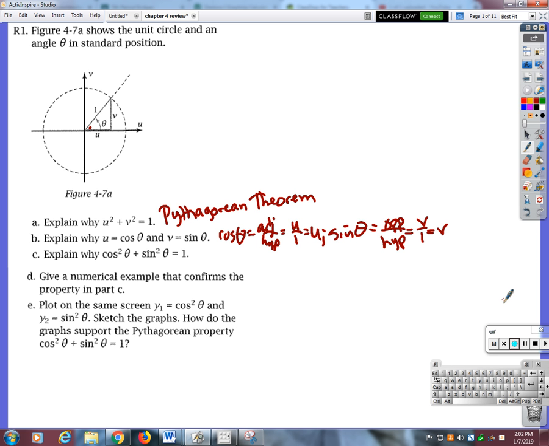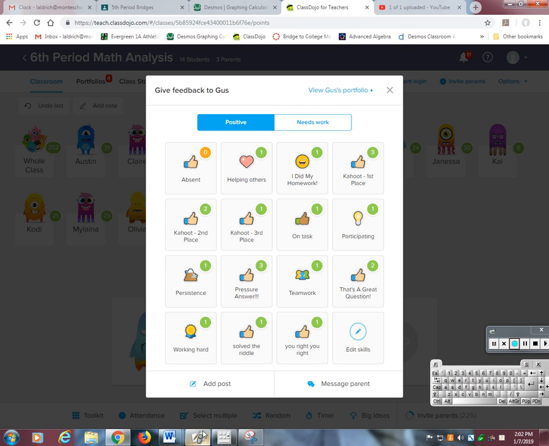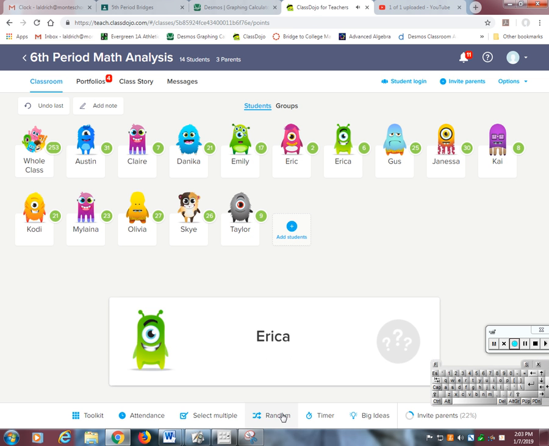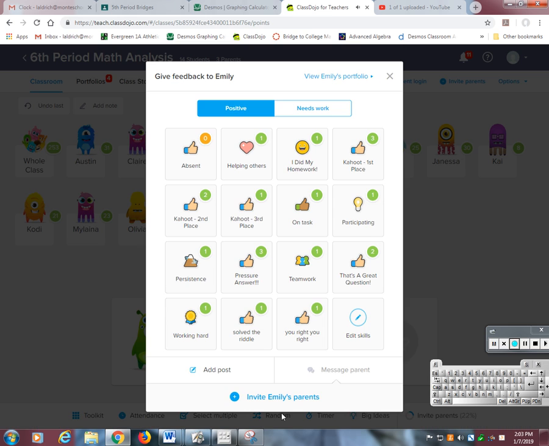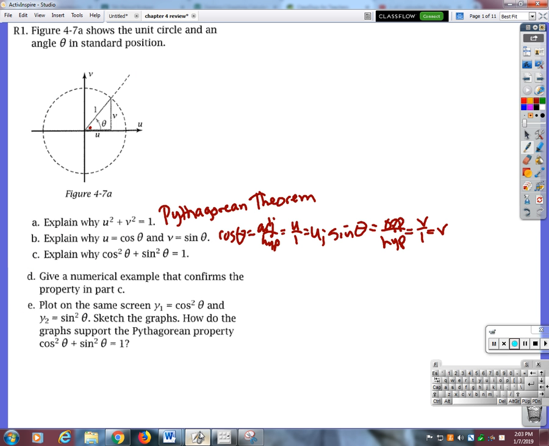Okay, so if you know u squared plus v squared equals 1, and you know u is equal to cosine and v is equal to sine, then why, Emelina, is cosine squared plus sine squared equals 1?